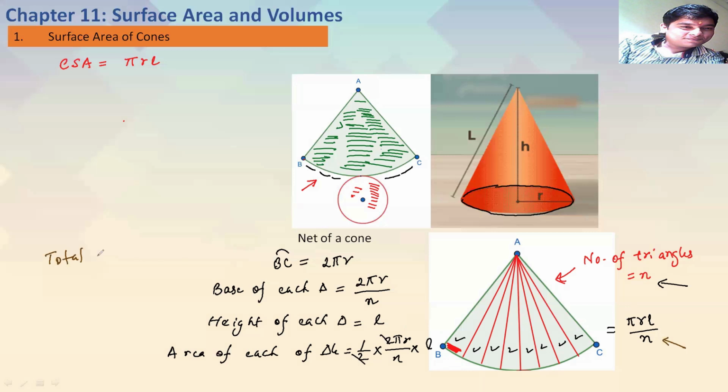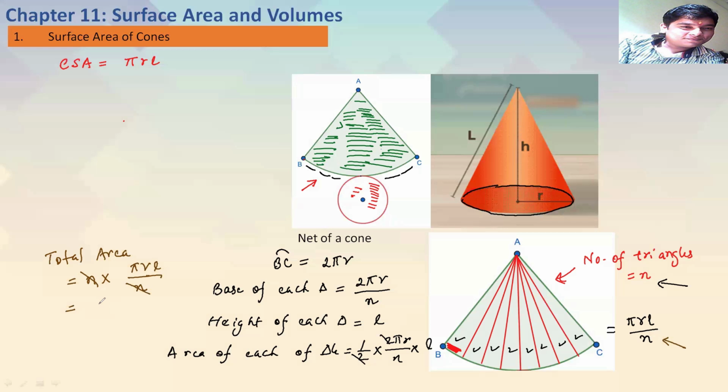So total area, since there are n triangles, is going to be n times pi r L divided by n. Are you getting the picture? So n is cancelled.